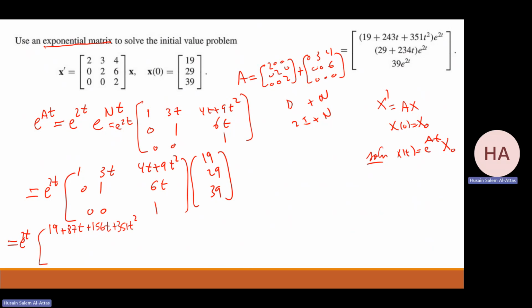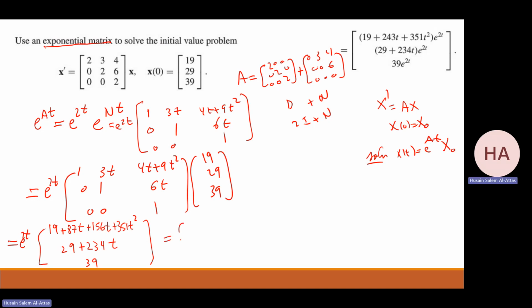This is only the first row, this times this. The rest will be easier. It will be 29, then 6 times 39: 6 times 40 is 240, subtract 6, you have 234 t. And the last one just 39.